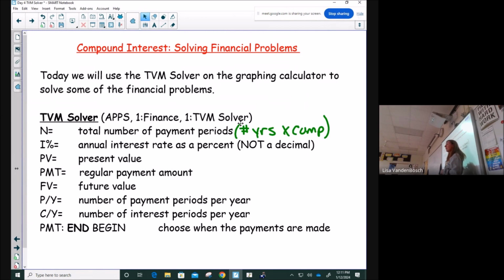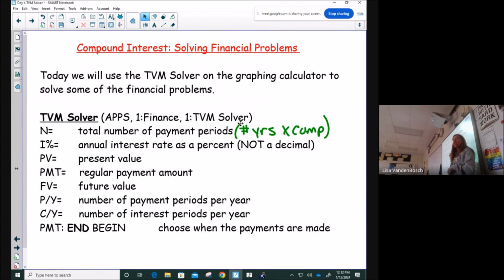Your PMT is the same thing as your R yesterday in our annuity formula. It's your regular payment. How much money you put in every month, every week, every year, every whatever. If we're putting in a lump sum, that regular payment is going to be 0 because we're not putting in payments every week, every month, every year.